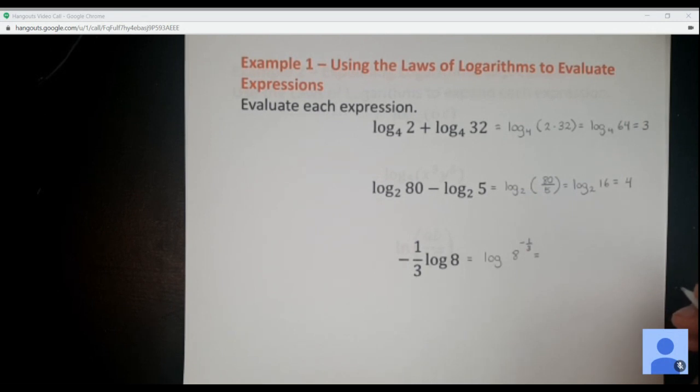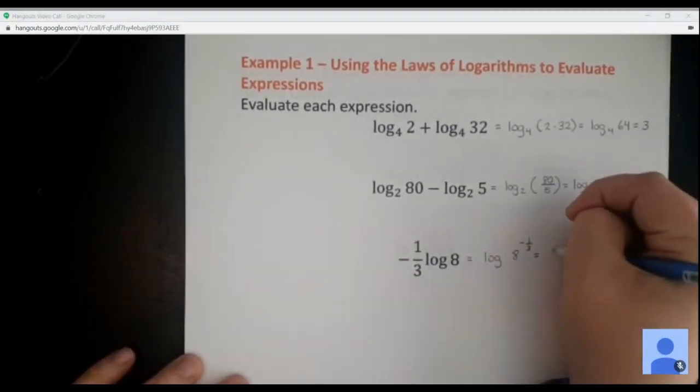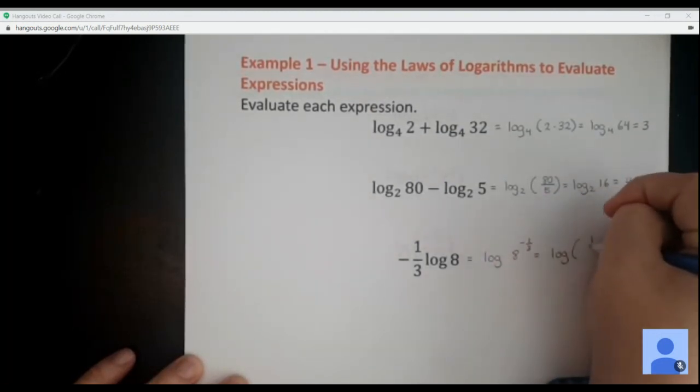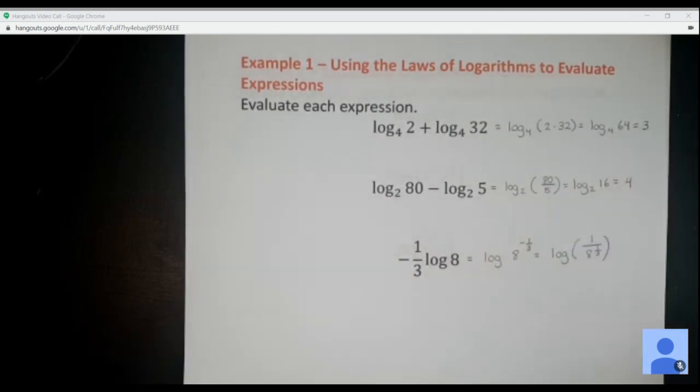So what can we do with negative exponents in general? Good. So we could rewrite that as a fraction, move it to the denominator. So this is going to become 1 over 8 to the positive 1/3 instead.